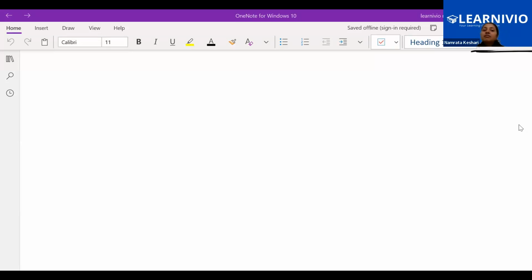But here we have to prove it. Only writing the statement that it is a non-terminating, non-repeating decimal number, and hence it's irrational, will not work, because this proof question will be for 3 marks or 4 marks, to prove that root 3 or root 2 is an irrational number.